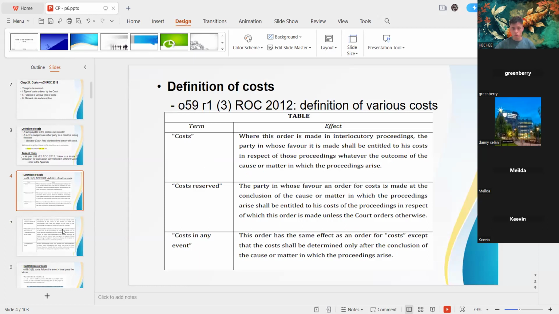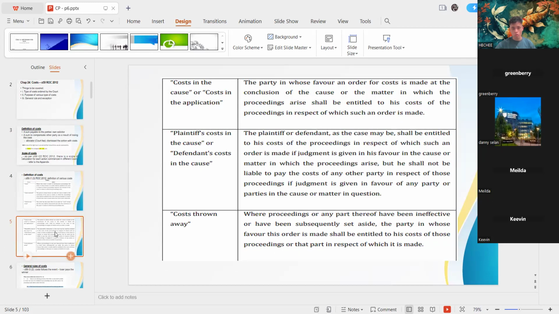And the cost thrown away simply means that when you successfully set aside a judgment in default, the JID, you will be awarded the cost thrown away. Is that okay for everyone?